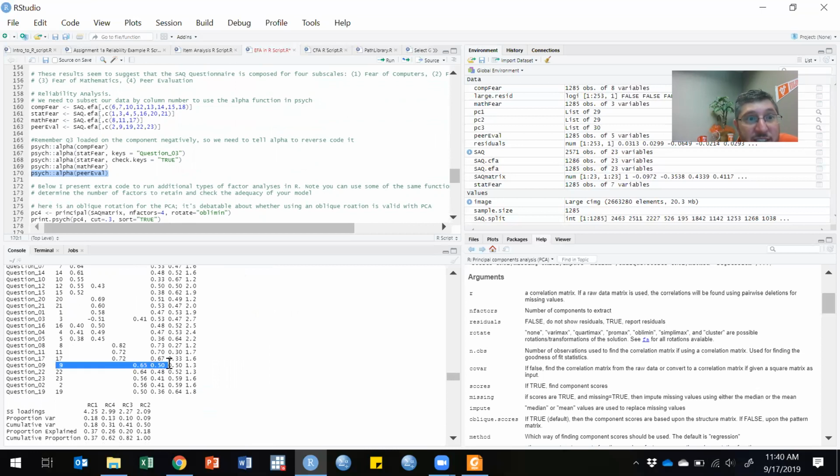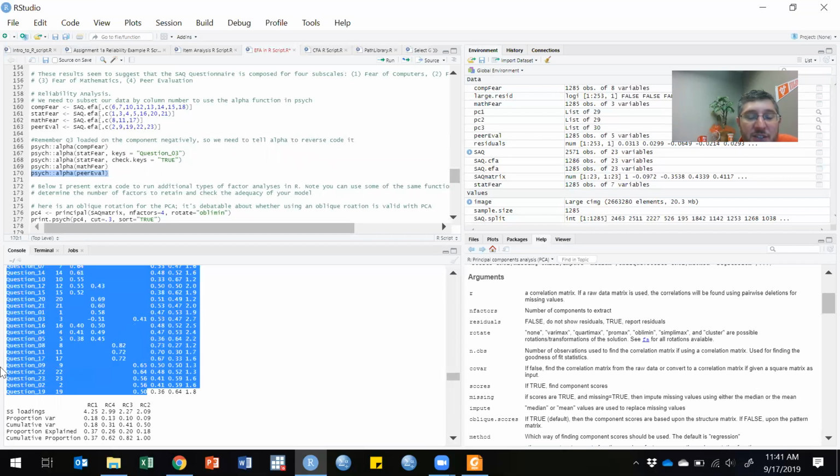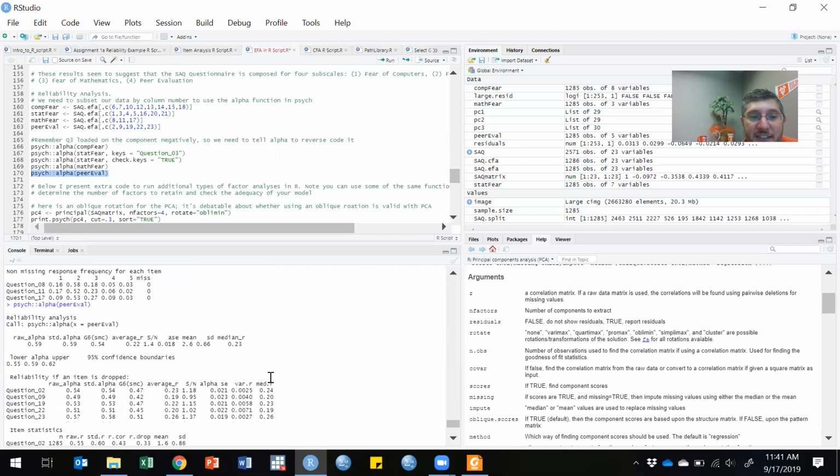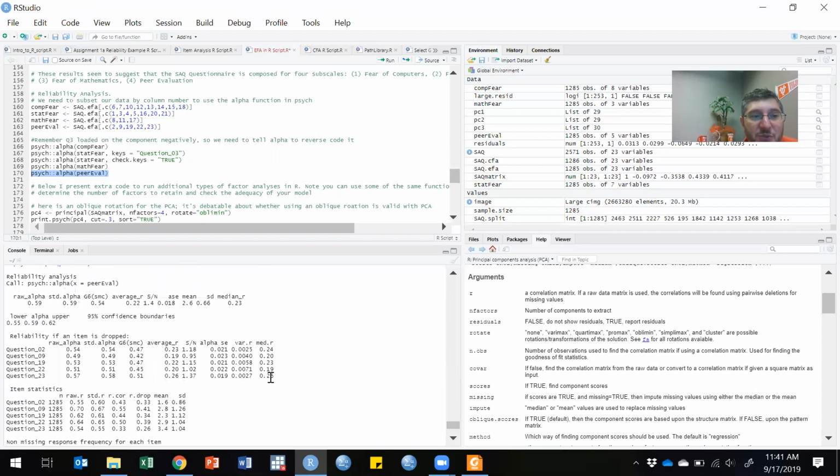So it was 9, 22, 23, 2, and 19. Okay, they had pretty decent factor loadings. They were all positive. It's the inter-item correlations that just aren't very high. So here we might consider, is this scale useful for us or not?